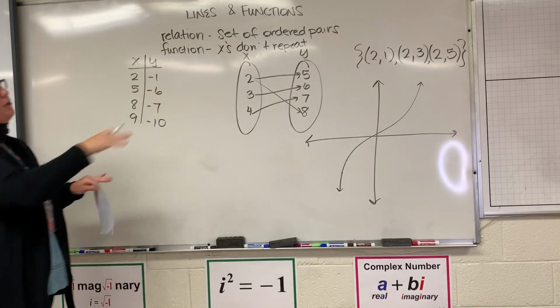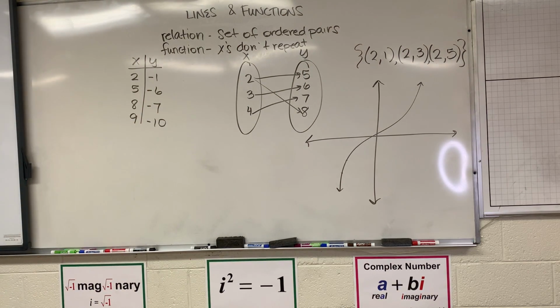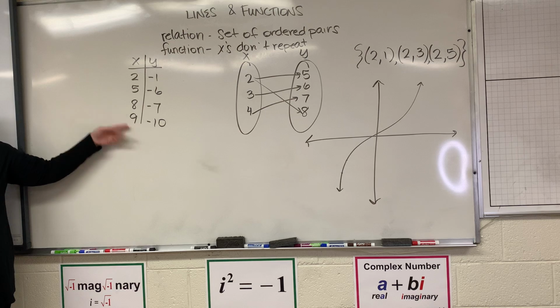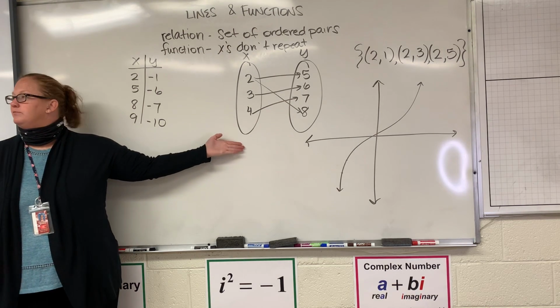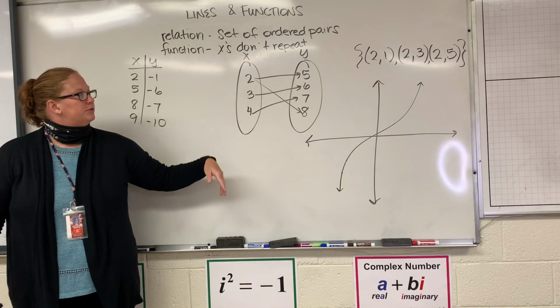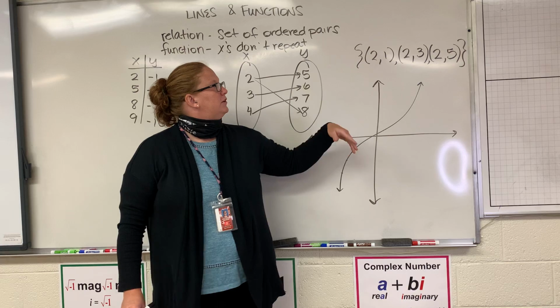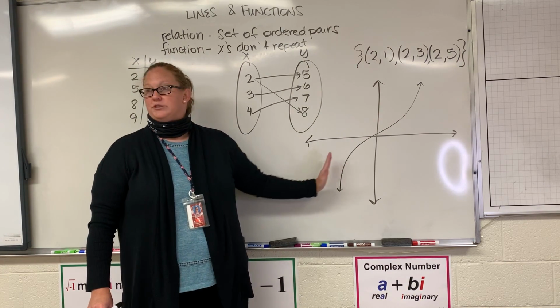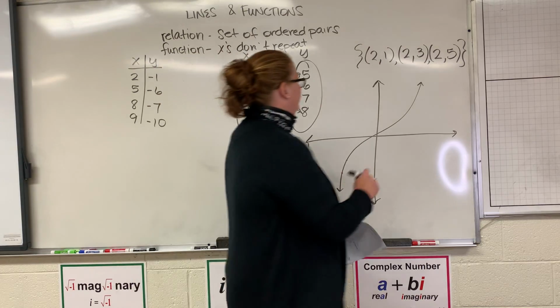Alright, so you know all of those are relations now. Is my table a function? Yes, it is. They all have different x's. What about this thing? No. What repeats? The 2's. What about this one? No, because 2, 2, and 2. And then what about this one? Does this pass the vertical line test?